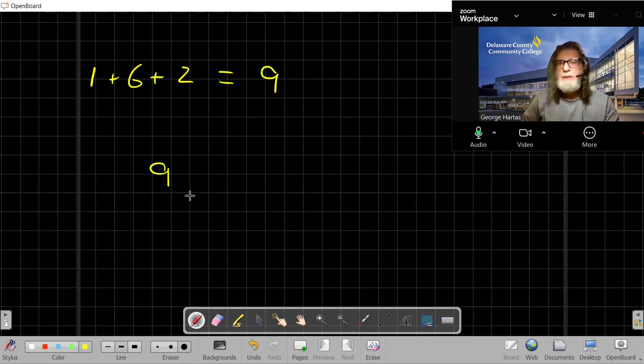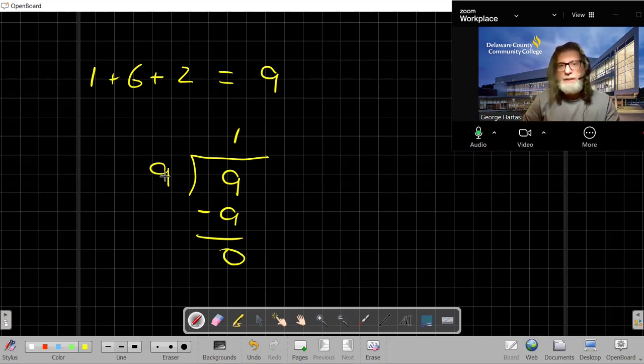Does 9, the number we were looking at, divide into the sum of the digits? Of course it does. It goes in there one time with zero remainder. Well, guess what? If 9 divides into the sum of the digits, 9 automatically divides into 162.